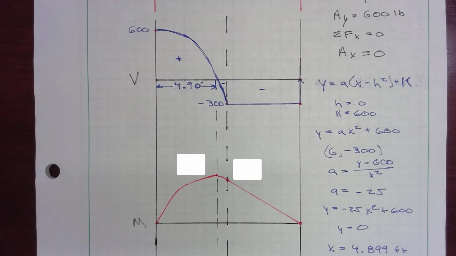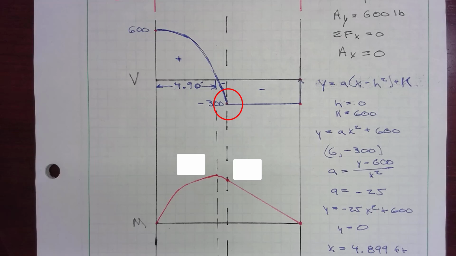So it further reduces the equation to y is equal to ax squared plus 600. And we can solve for a because we know it also crosses a point on the parabola of (6, -300), and we get a is equal to -25.